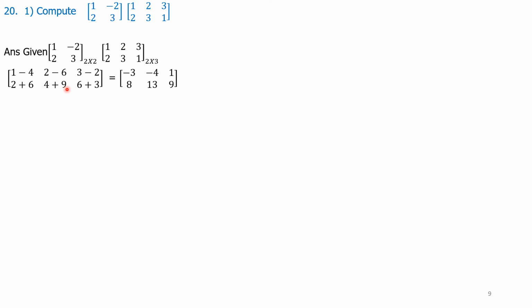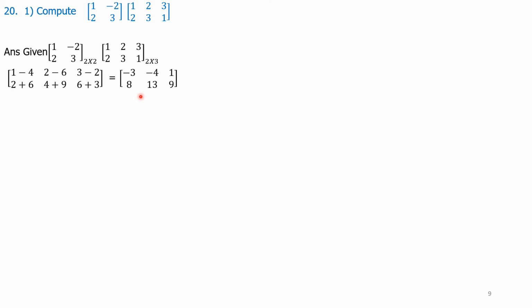Then the last item is second row into third column. 2 into 3 is 6 plus 3 into 1 is 3.